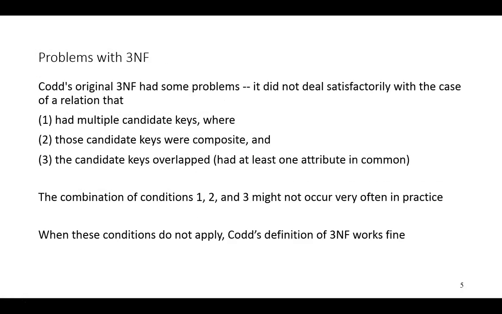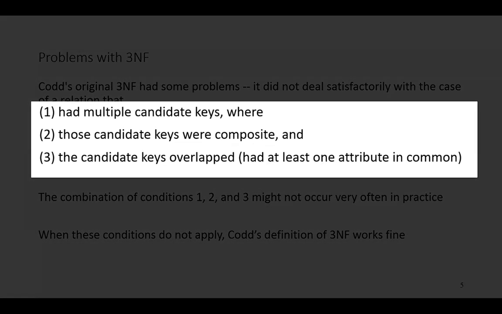The definition of third normal form, as presented by Codd, had some problems. It did not adequately address a relation that had certain conditions. These conditions were, there were multiple candidate keys. The candidate keys were composite, and the candidate keys overlapped, meaning that they had at least one attribute in common.